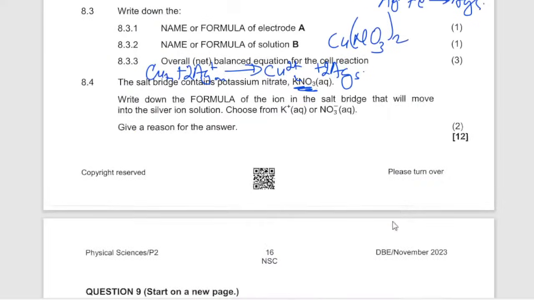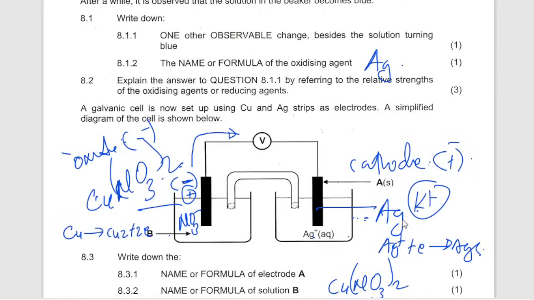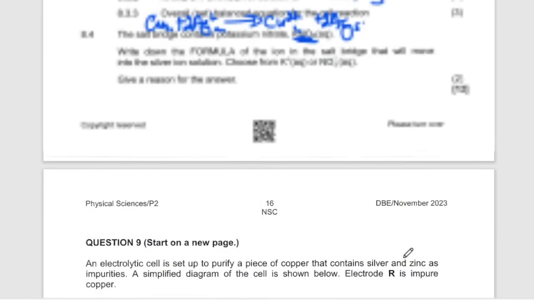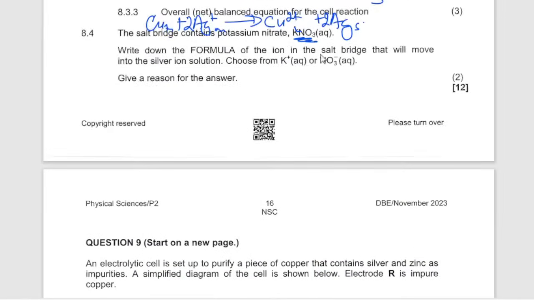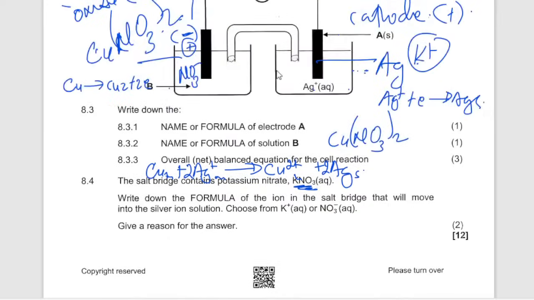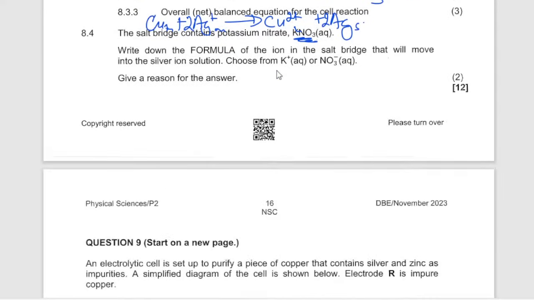So in this case, potassium will go to silver, and the other one, nitrate, will go to the copper. That is the question: write down the formula of the salt ion into silver. So in this case, it is potassium. So you just say potassium ion.